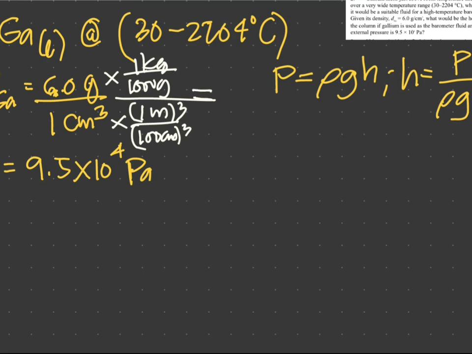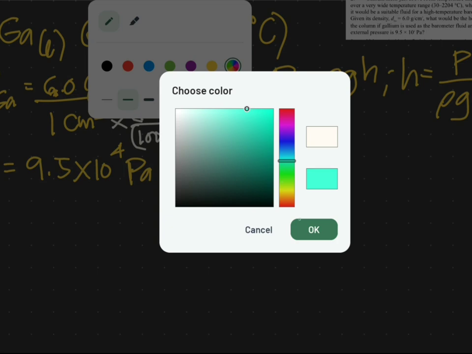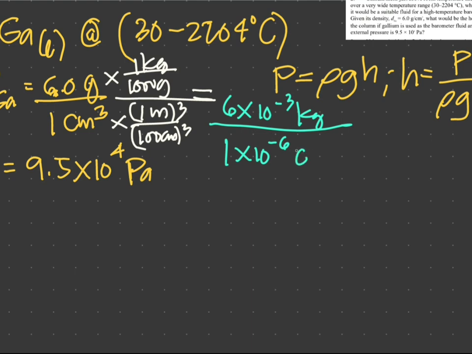So this is just equal to, using your calculator, 6 divided by 1000. So this is 6 times 10 to the negative 3 kilograms over 1 divided by 100 cubed. That is 1 times 10 to the negative 6 cubic meters.